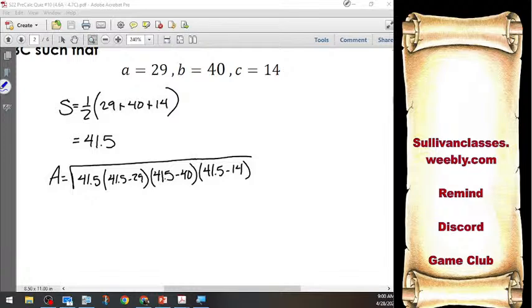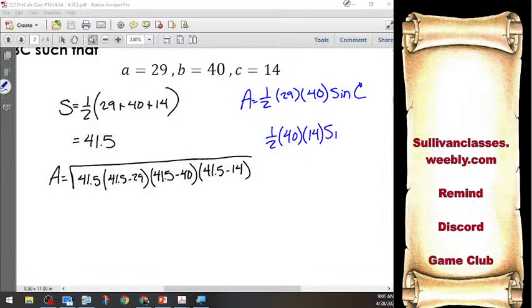So you can do, the area is 1/2 by 29 by 40 by sine of whatever was between them, angle C. You could do 1/2 by 40 by 14 by sine of A. You could do 1/2 by 29 by 14 by sine of B, using the A, B, and C from above.